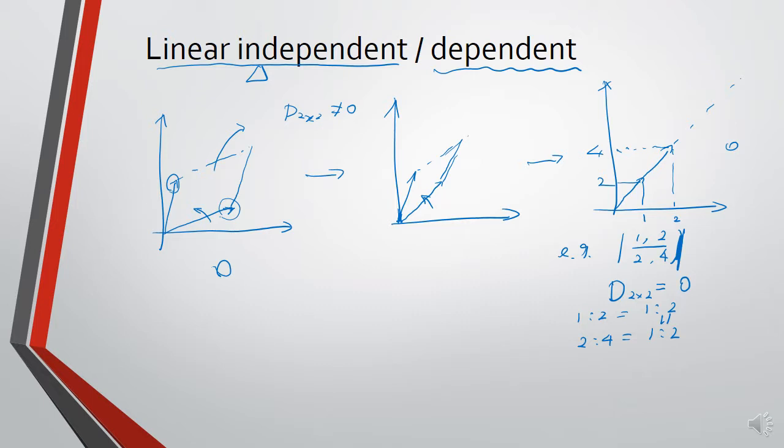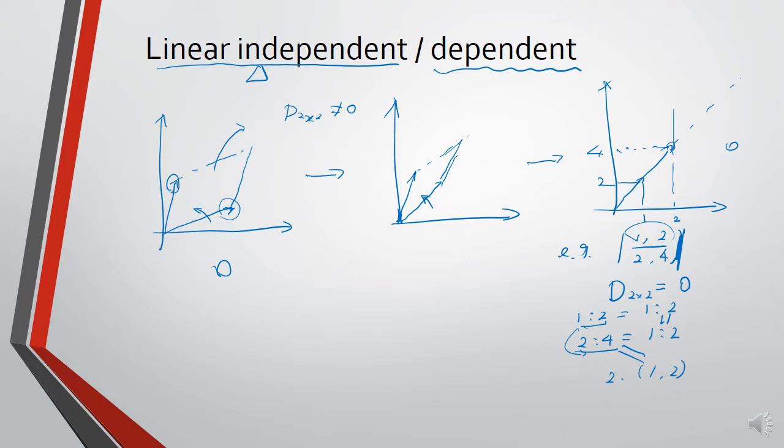That's why we call it linearly dependent: the first row vector 1, 2 can be used to express the second vector 2, 4. Although 2, 4 is longer, we can just use 2 times 1, 2 to express it. That's why we call it linearly dependent.